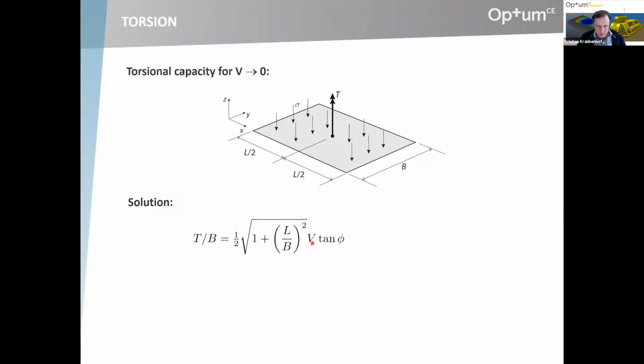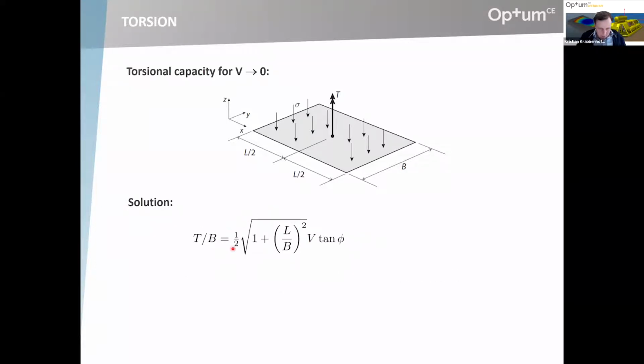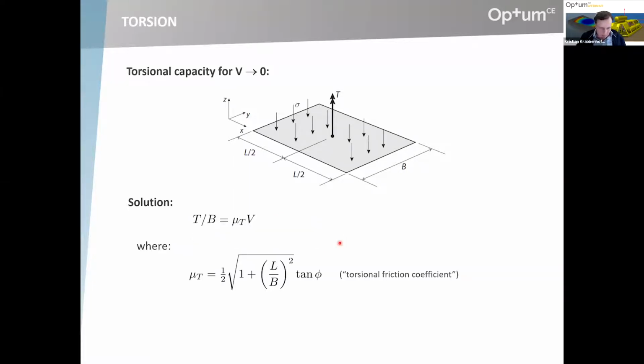So it's proportional to V, and then it also involves the geometry, the L and B ratio, and it's proportional to the friction coefficient, or tan phi. Now, if you look at the thing under the square root times the tan phi, you could say that's a friction coefficient. I call it the torsional friction coefficient, mu t.